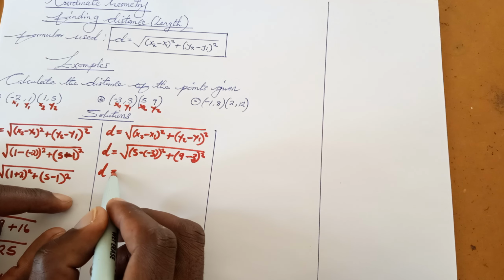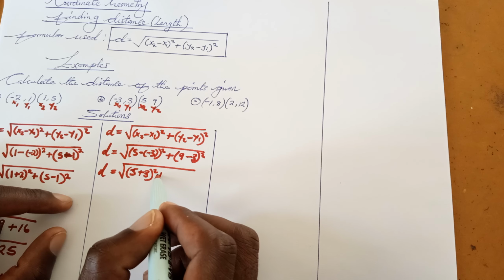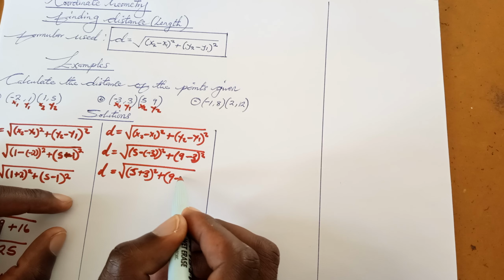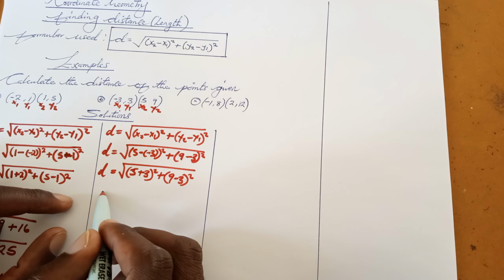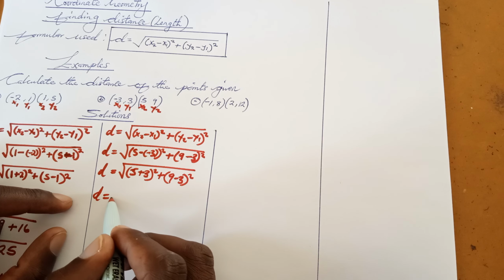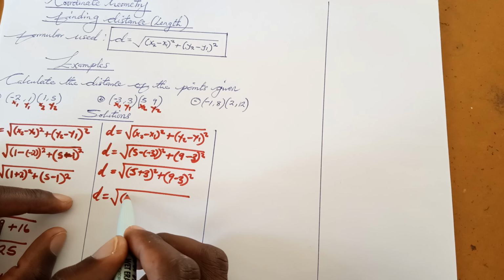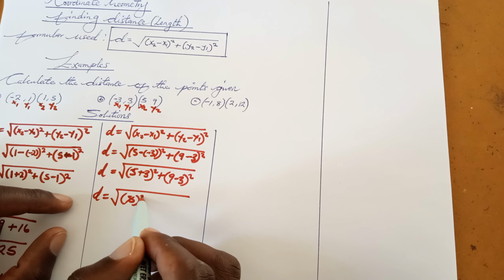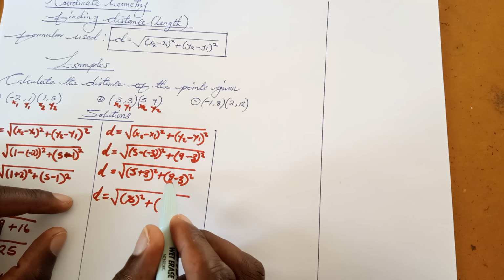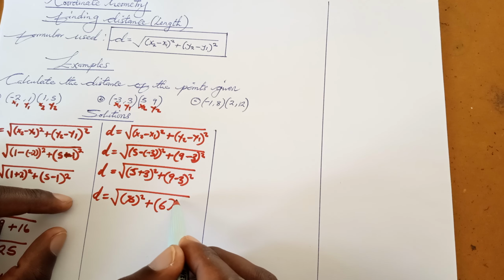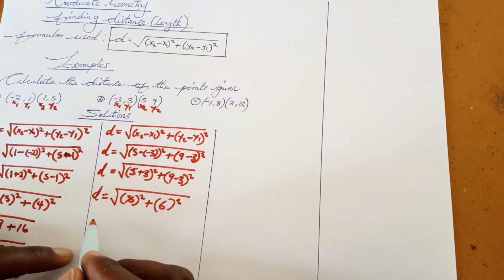So this will be 5, negative times negative is positive, so positive 3 squared, plus 9 minus 3 squared. The distance will be equal to the square root of 5 plus 3, it gives us 8 squared, plus, from 9 you take away 3, you have 6 squared.